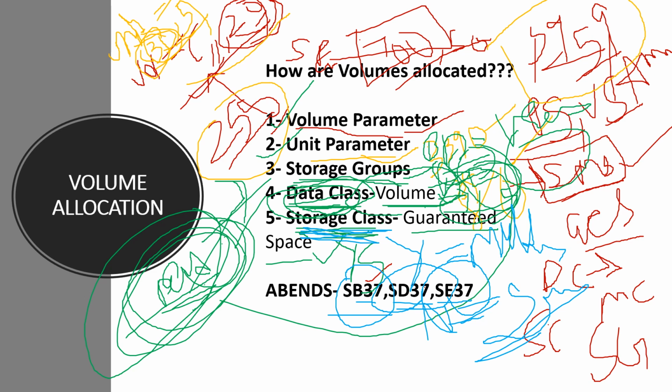If you see these abends, mostly you can solve the issue with the volume parameter or unit parameter, or by giving a data class or changing the data class parameter. If you change the data class to a large one, it will allocate bigger data sets. So you can manually enter the storage class and data class inside your code to avoid these abends.